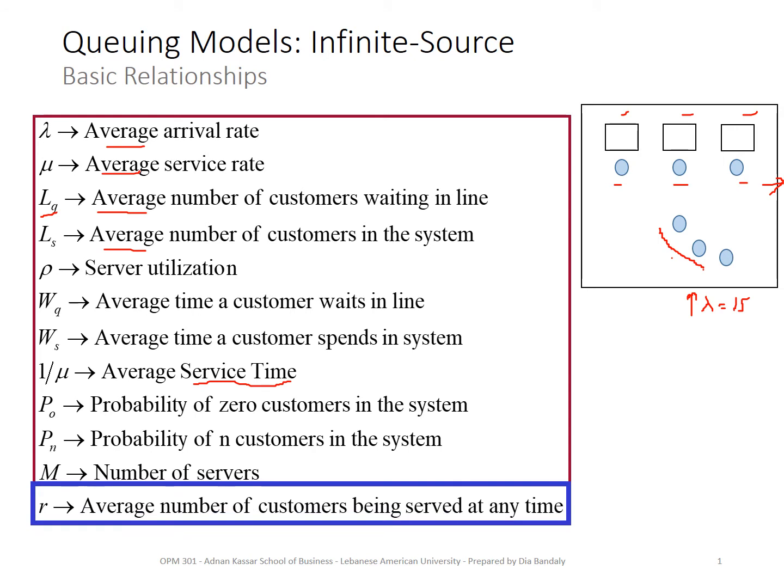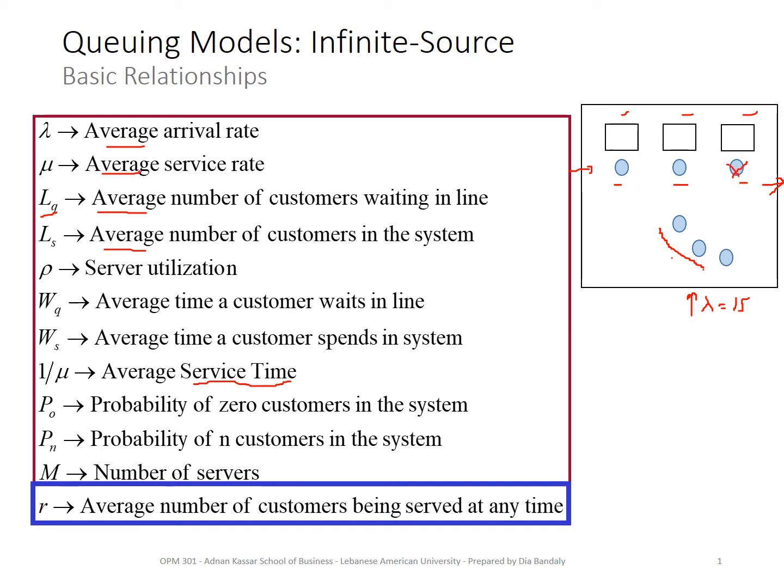And finally, what is R? R is the average number of customers being served at any point of time. Now, in this snapshot, we can see easily that we have 3 people being served. But it's not always the case. Here we have 3, but as I showed you before, at some times you don't see anyone here.